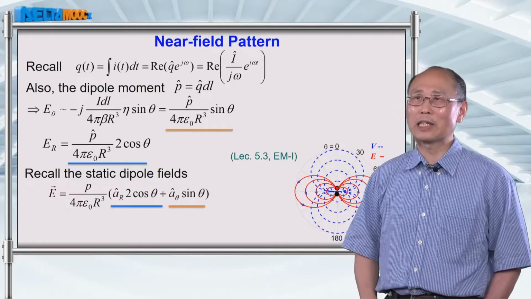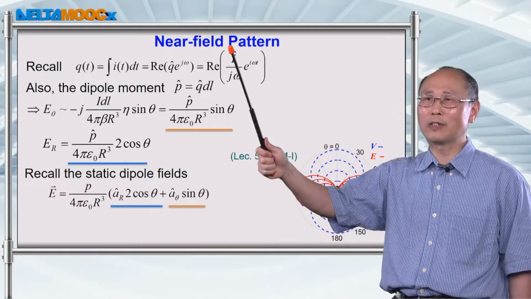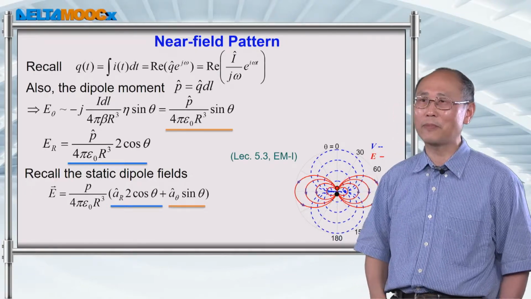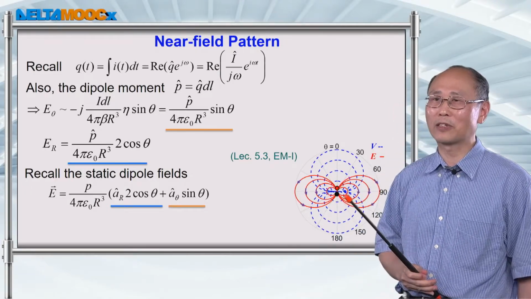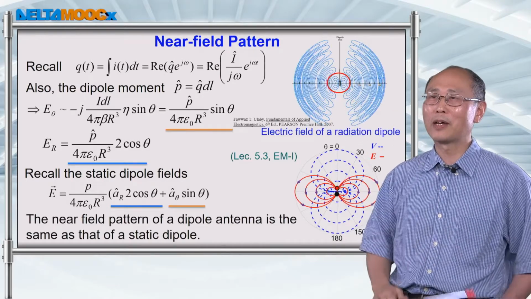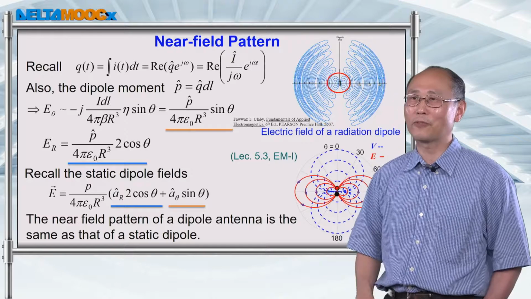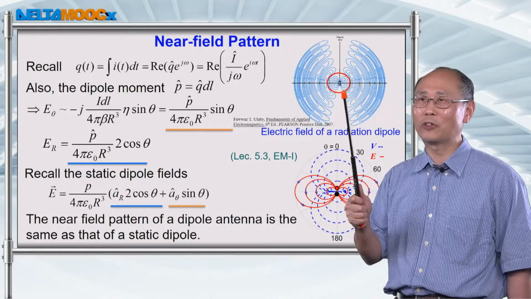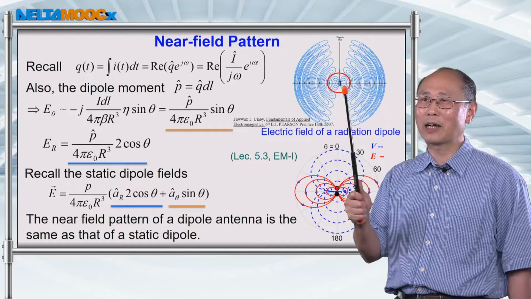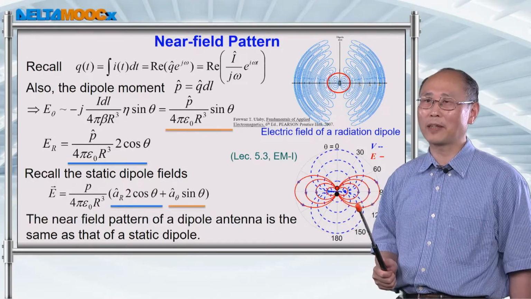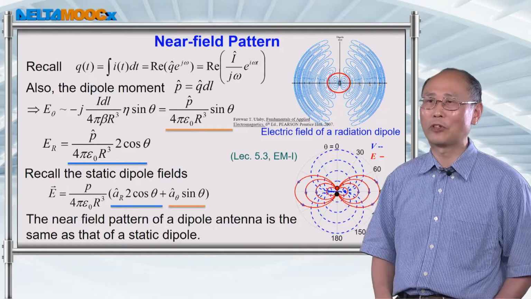So this means that in the near field zone, the Hertzian dipole antenna will have the same electric field pattern as a static dipole. So this is the field radiated from a Hertzian dipole antenna. If you look into the near field zone, then you see that this field pattern is going to be the same as the field pattern for a static dipole field.